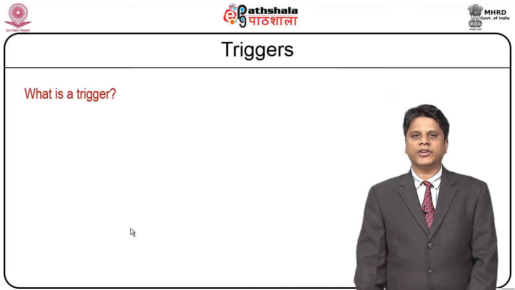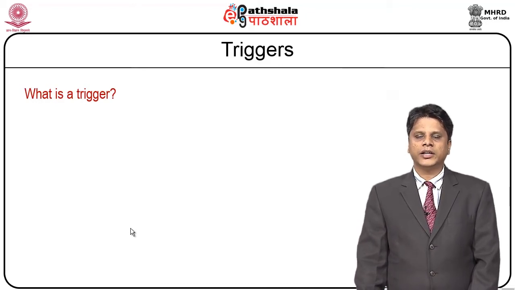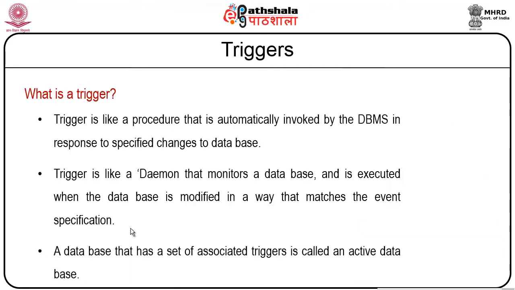So, that is how we have introduced the word trigger, and this trigger needs to be automatic in nature. If you want to understand more closely what a trigger really means, a trigger is something like a procedure that we have used as part of any programming language.